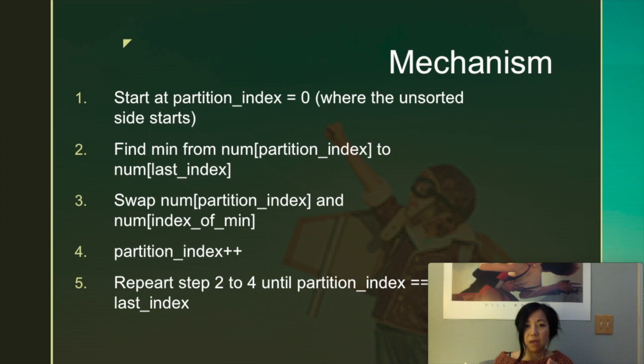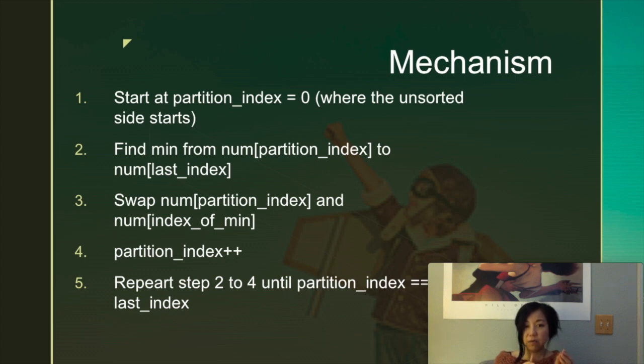Then find the minimum from the array at this partition index to the last one, and swap it with the partition index position, because that's where the first unsorted element is.